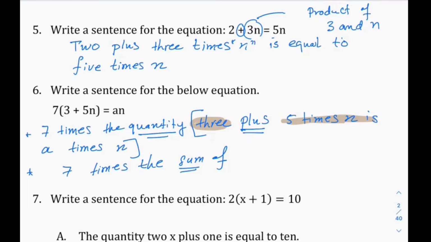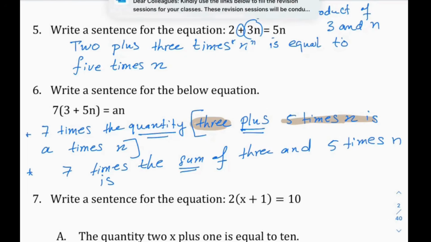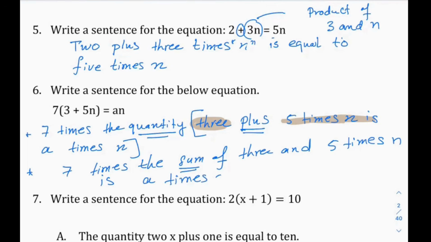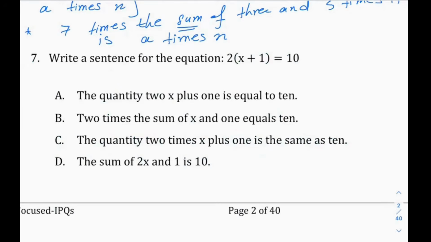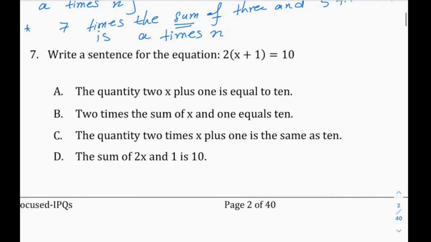Sum of 3 and 5 times n is a times n. Okay, write the sentence for the equation. Now we will choose the best one. Here, 2 times.